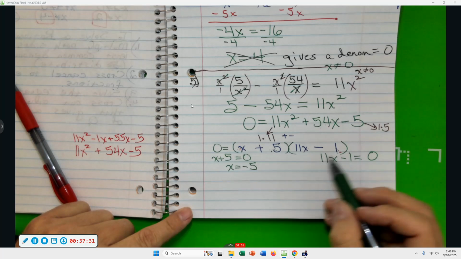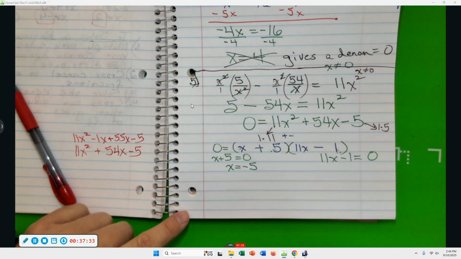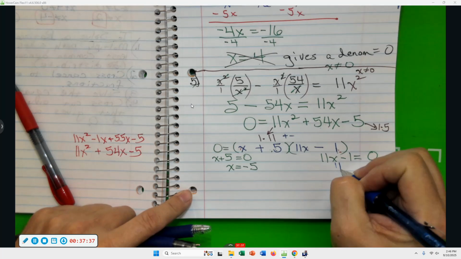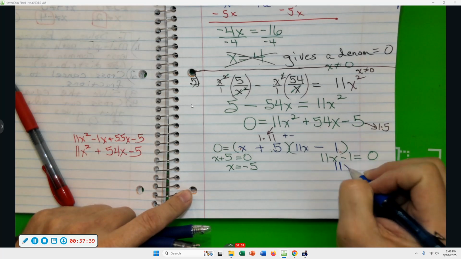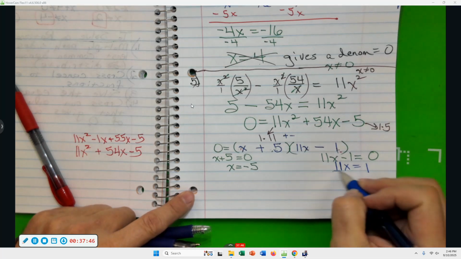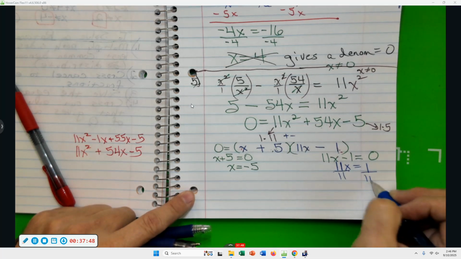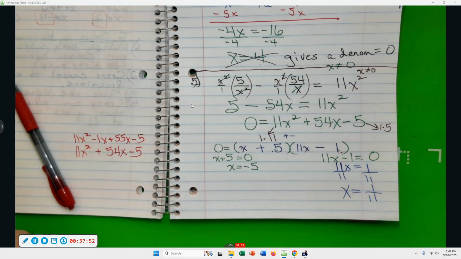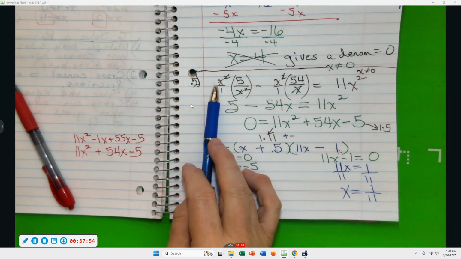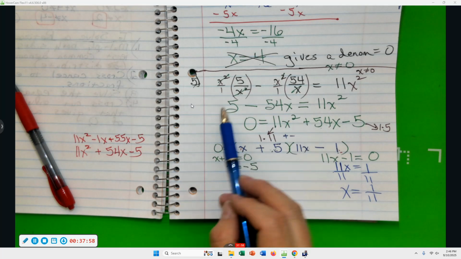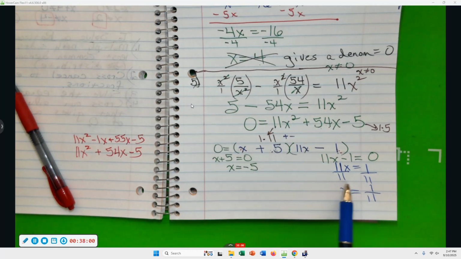The second one, what do I do first? Move the 1 over, so we have 11x equals a positive 1, and then divide by 11 to give us x equals 1 over 11. We multiplied through by the least common denominator. We canceled the fractions. We solved the equation.